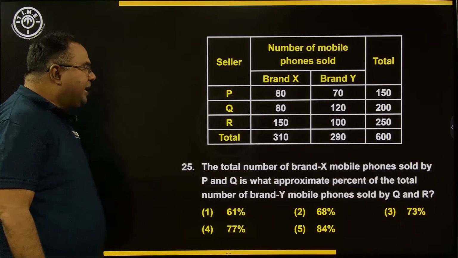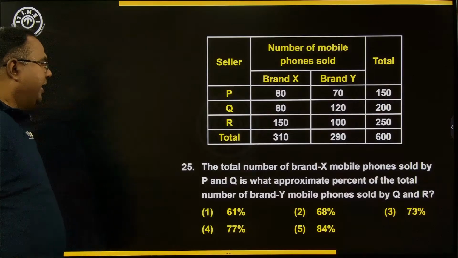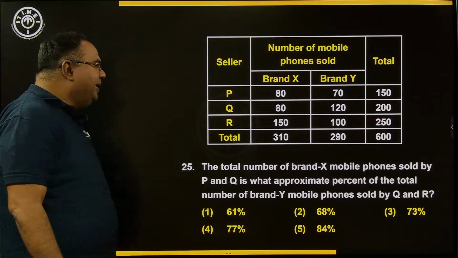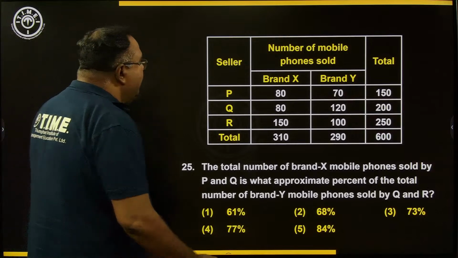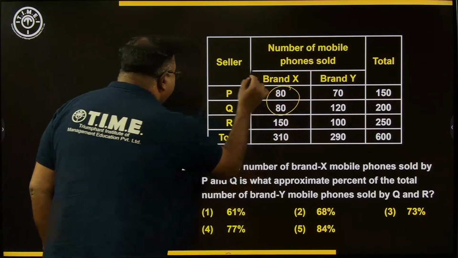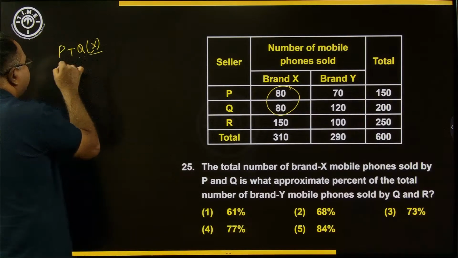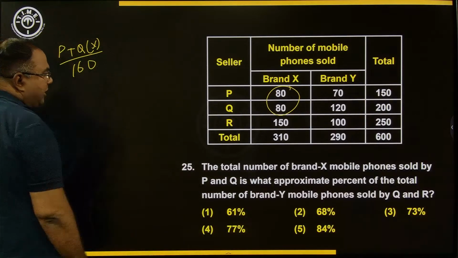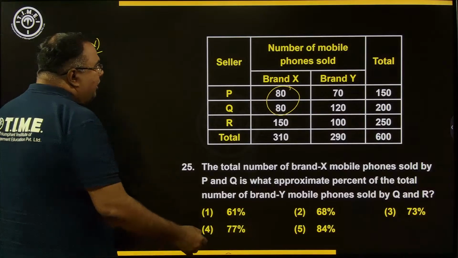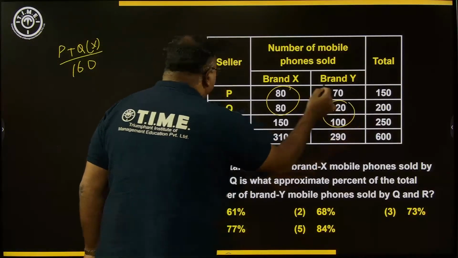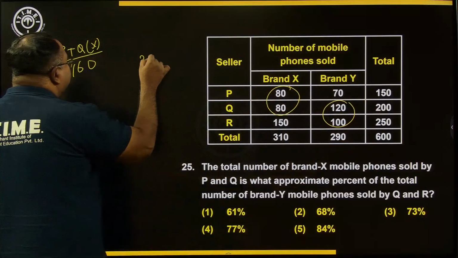Total number of brand X mobile phones sold by P and Q is what approximate percentage of total number of brand Y mobile phones sold by Q and R. Brand X sold by P and Q is 160. Brand Y sold by Q and R: 120 plus 100, 220.